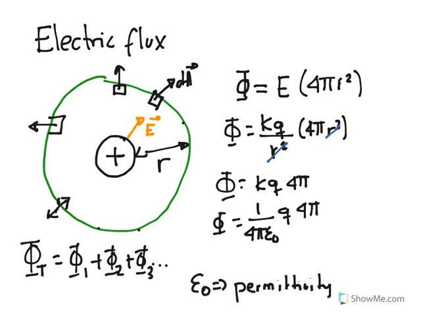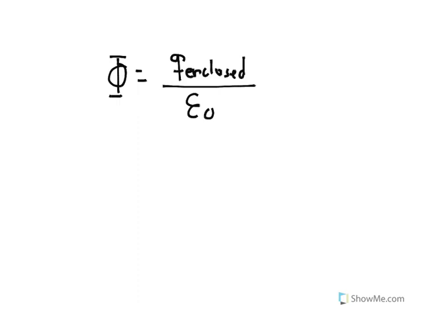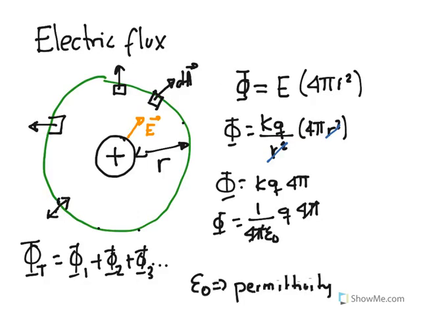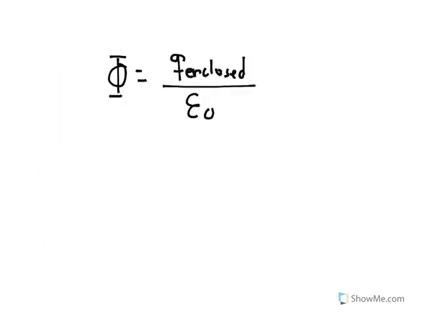So here we can cancel 4 pi with 4 pi, and we get a relationship that states that the electric flux is given by the charge enclosed over epsilon 0, enclosed in a surface. This imaginary surface is called a Gaussian surface, and this Gaussian surface will determine which charges are enclosed.